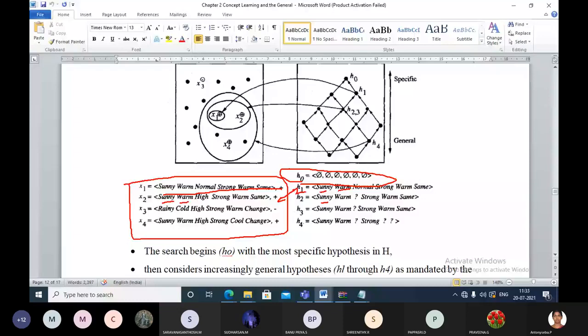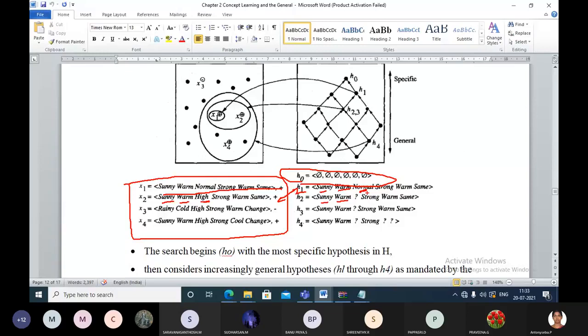Now when you look at the third one, here it is high and here it is normal, so there is a mismatch. If there is a mismatch, this is very specific. In X2, the third attribute value is very specific, stating high for a positive data instance. At the same time, your hypothesis also has the value normal for a positive instance.